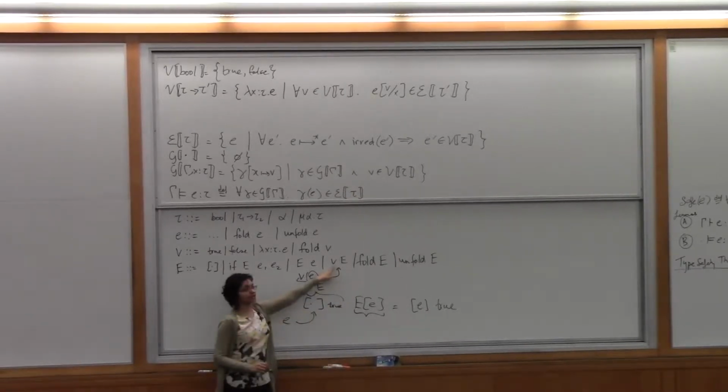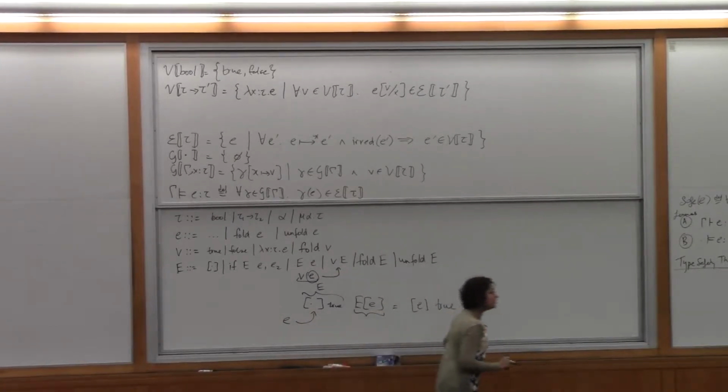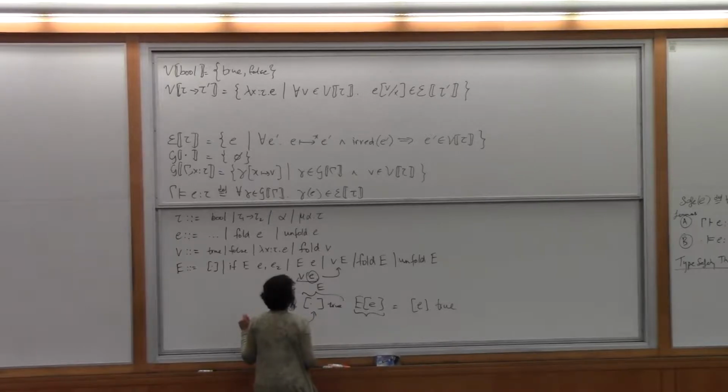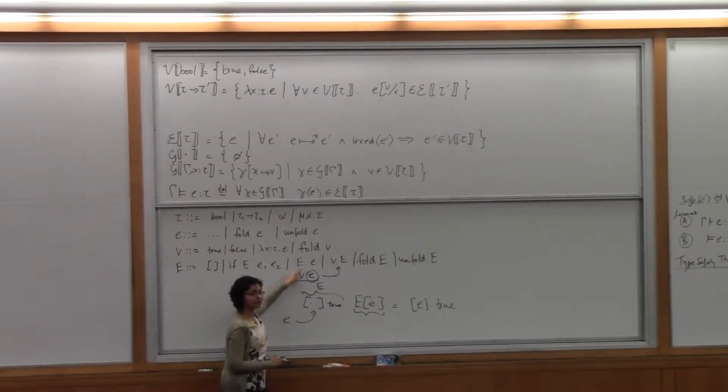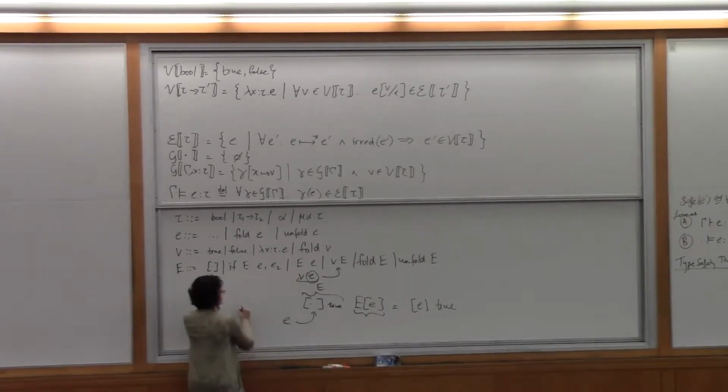That if you have an application where you have a value form followed by some... What prevents you from applying the big E to the small e? Why does the big E, little e rule not apply to little e, little e? Oh, this is saying that somewhere deeply nested in here, there's a hole. And so why couldn't that hole be the V there? There's no V in the E grammar. Is that what you're saying, so a V is not a potential E?